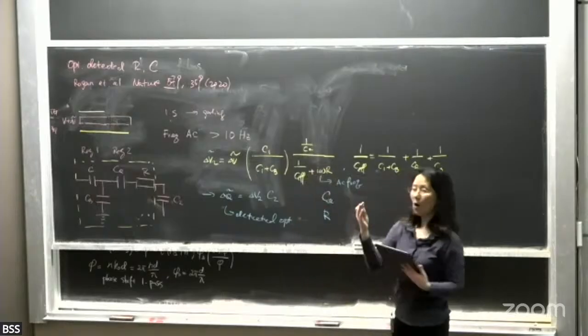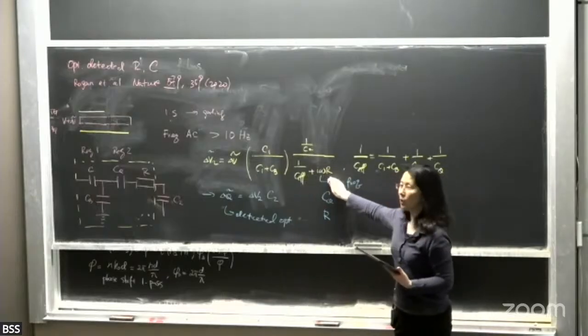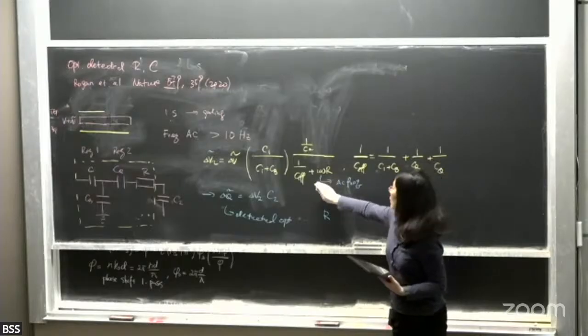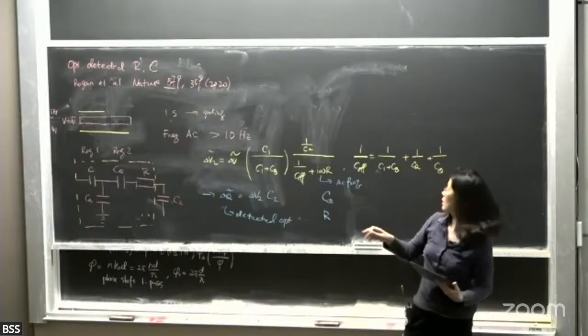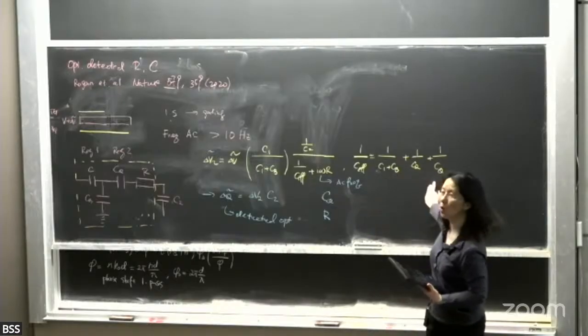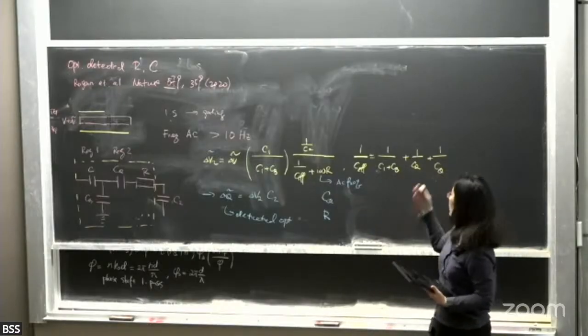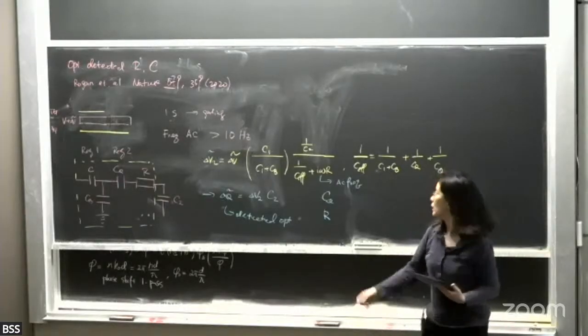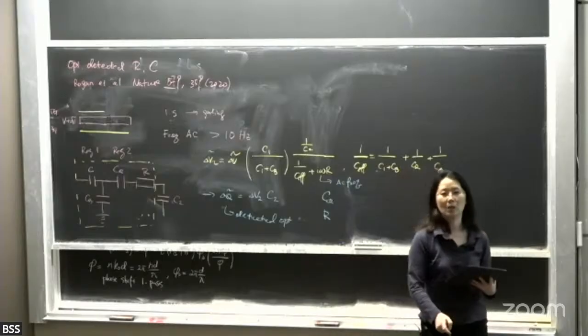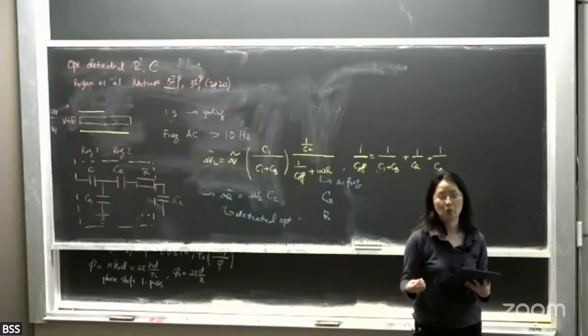For small omega, this R term is not important. You just get some constant, and it mainly reflects the quantum capacitance. But when you make omega bigger, this thing should taper down, and then you get the resistance part into your measurement.